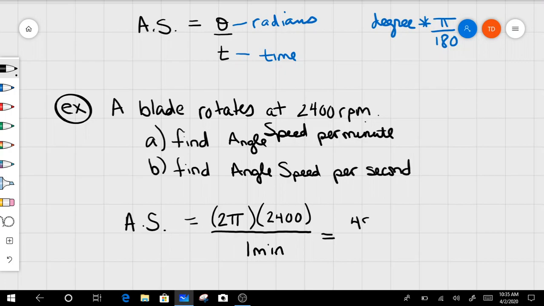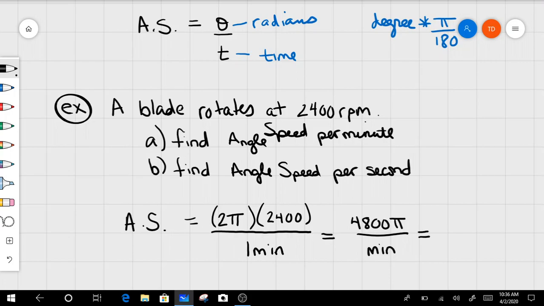So that's 4800 pi per minute, because it's just one. And again, a technician is not going to say, yeah, your tire's rotating at 4800 pi per minute. That just isn't the way we speak.